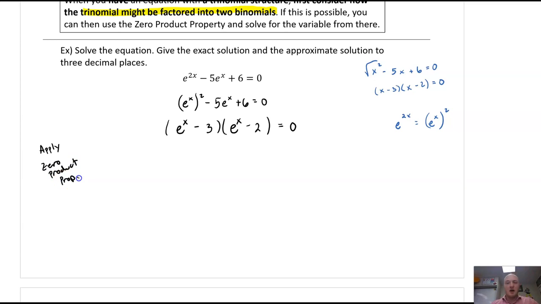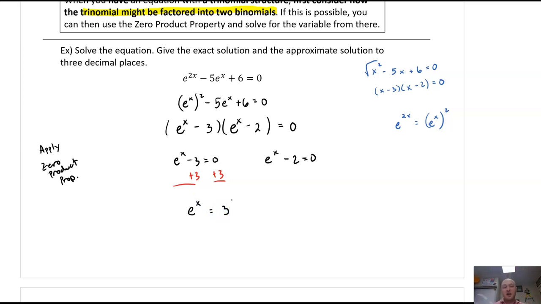Which just says if both of these factors are multiplying and equal to 0, then each of them can be 0. So e to the x minus 3 is equal to 0, and e to the x minus 2 is equal to 0. I'll add 3 to each side, and I get e to the x is equal to 3.